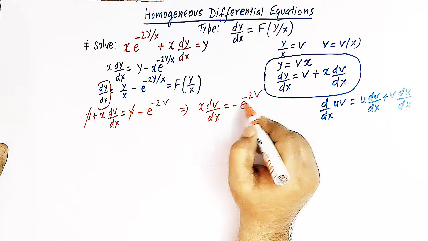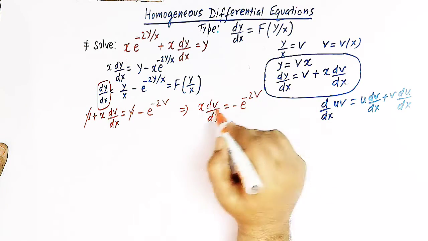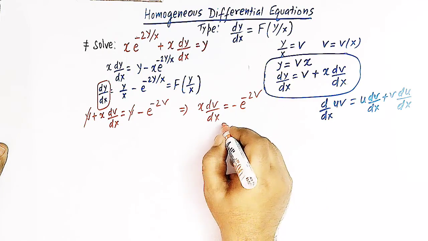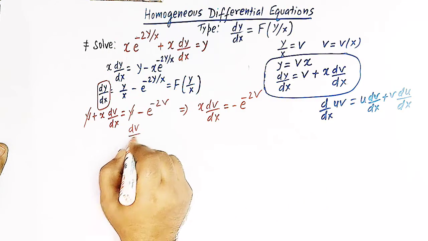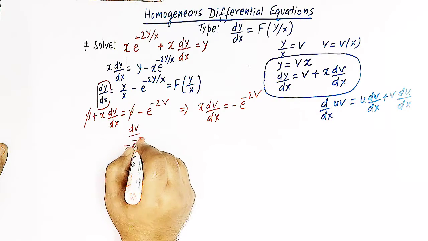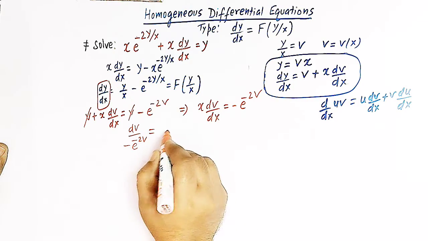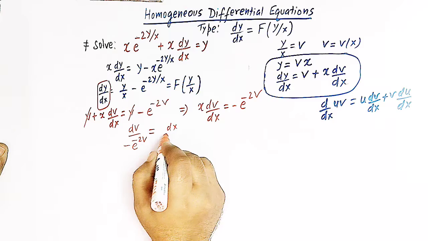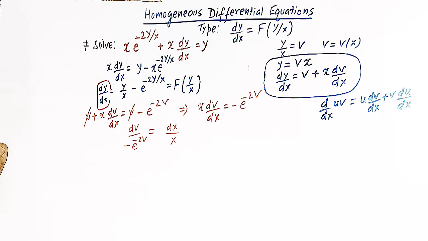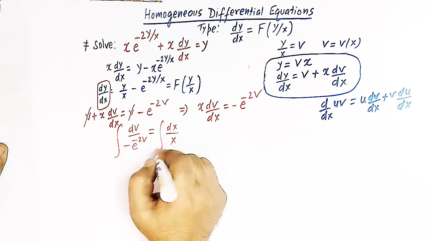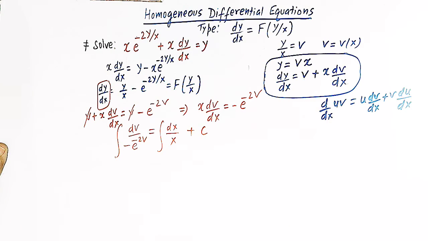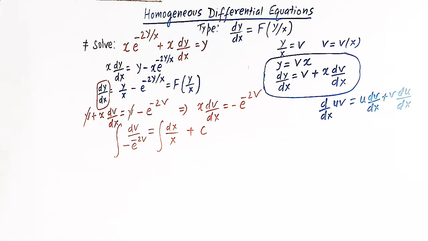So here we can separate the variables v and x, right? So we can now write dv over minus e raised to minus 2v, and here we have dx over x, right? Now integrating both sides, and here we have c as the constant of integration.